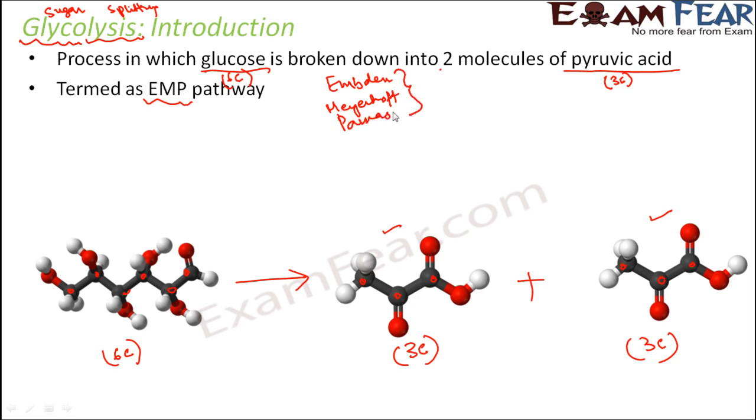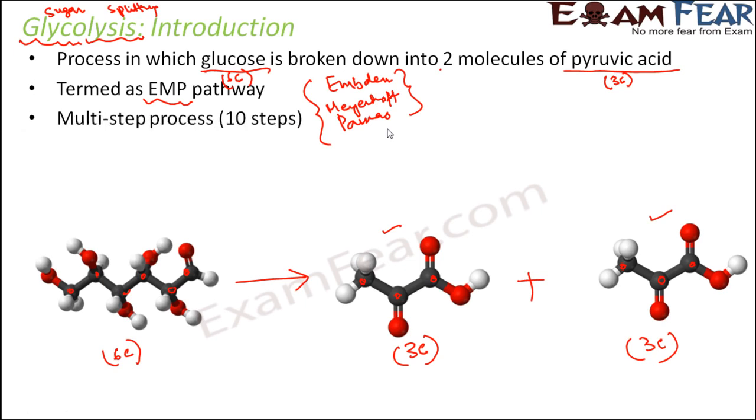These were the 3 scientists who together described this scheme of sugar splitting for the first time. That is why, after the initials of their names, it is known as the EMP pathway.